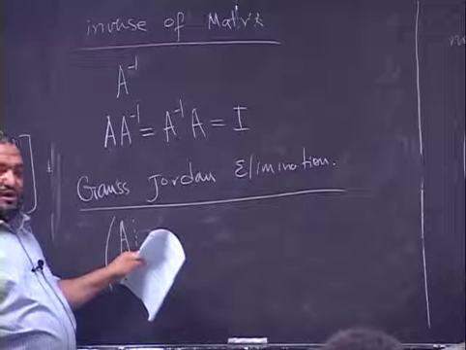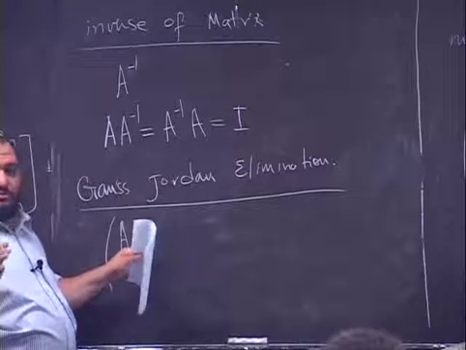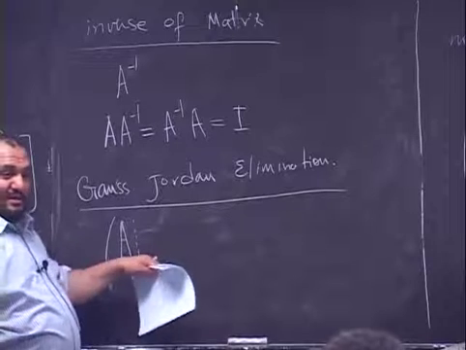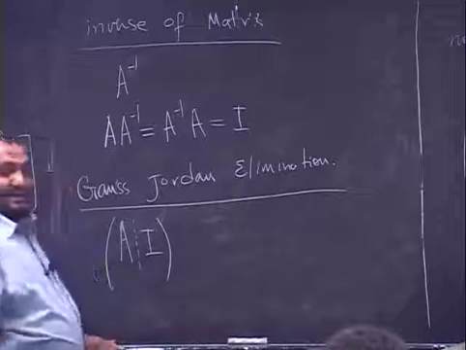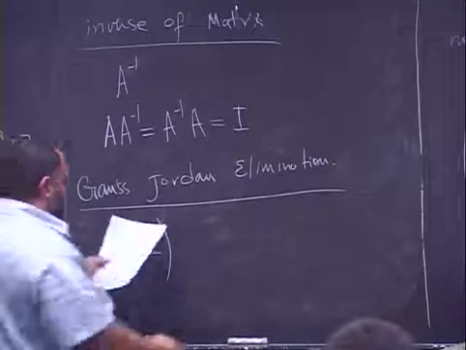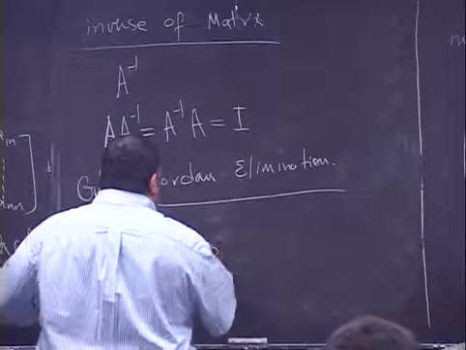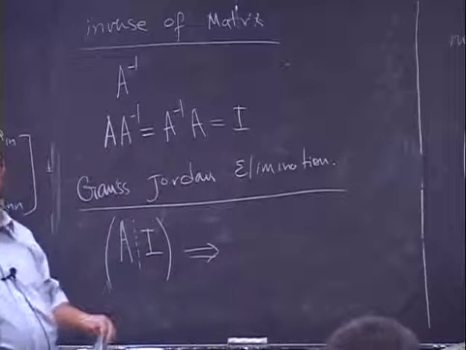In the augmented matrix, when we solve the augmented matrix, B, yes? And instead of B, we will put the identity matrix.